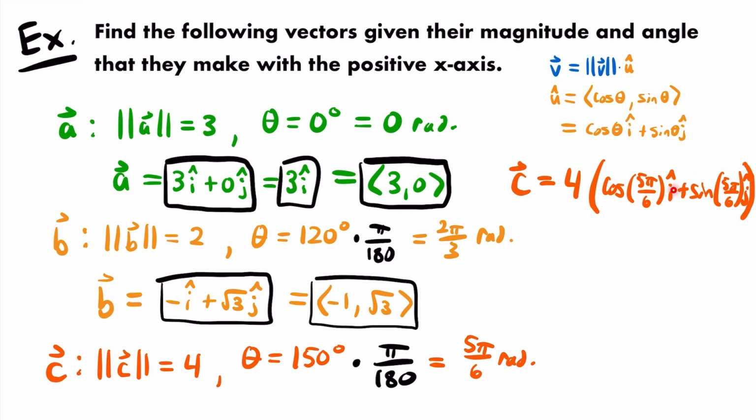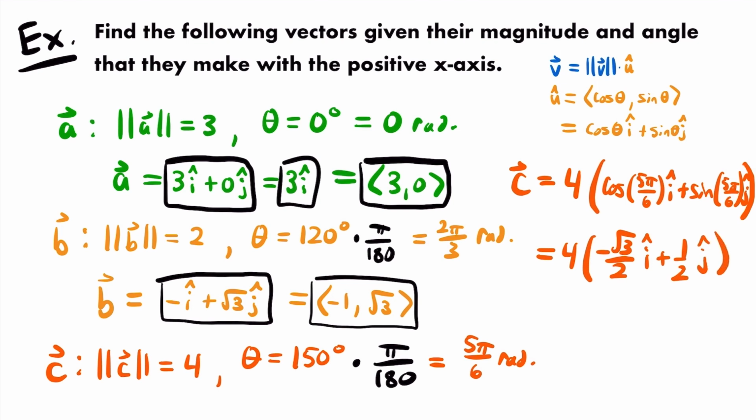I know it's not very easy to read, but that is a j right there. And if we simplify, cosine of 5 pi divided by 6 is the negative square root of 3 divided by 2. So this is equal to 4 times the negative square root of 3 divided by 2 times i plus sine of 5 pi divided by 6, which is equal to 1/2, and that's multiplied by j.